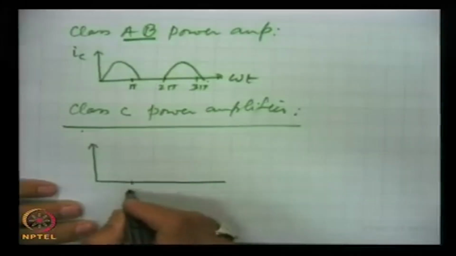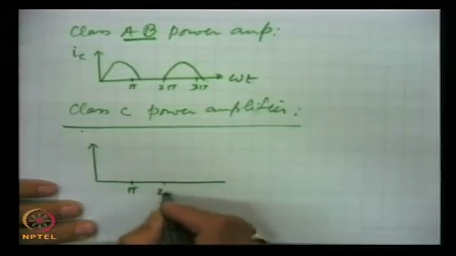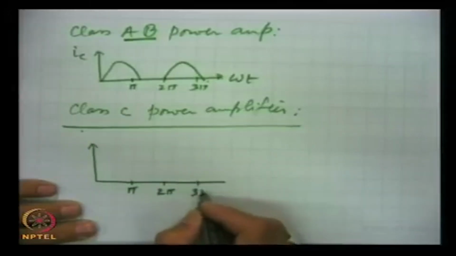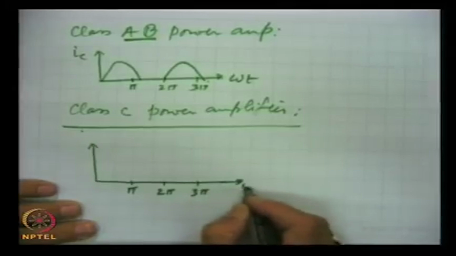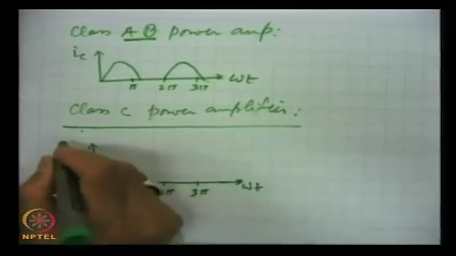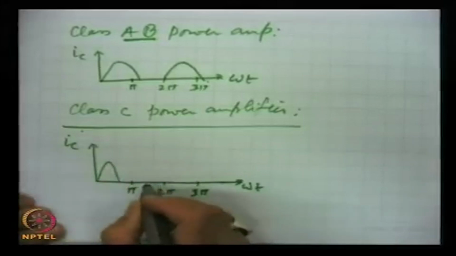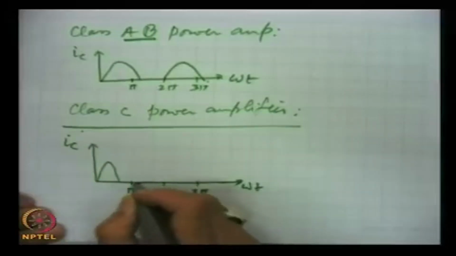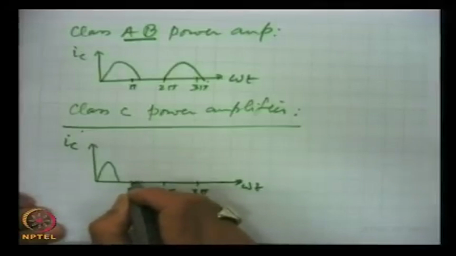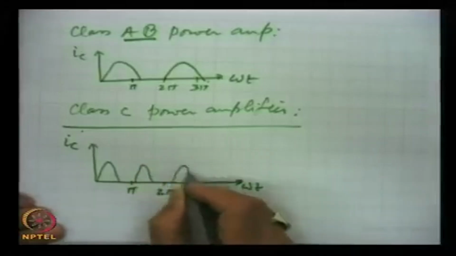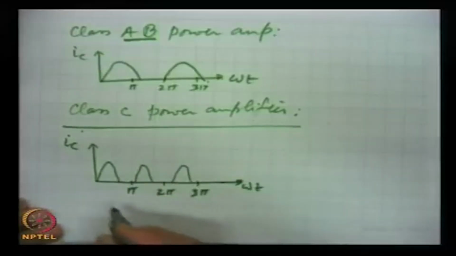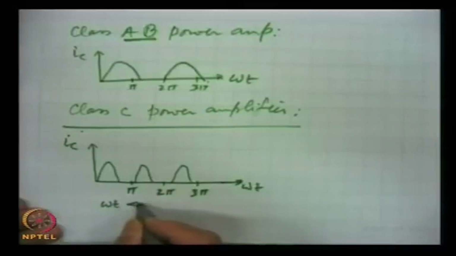This is pi, 2 pi, 3 pi, and this is omega t. Here this is the collector current, then like this, where conduction angle omega t is much less than 180 degrees.